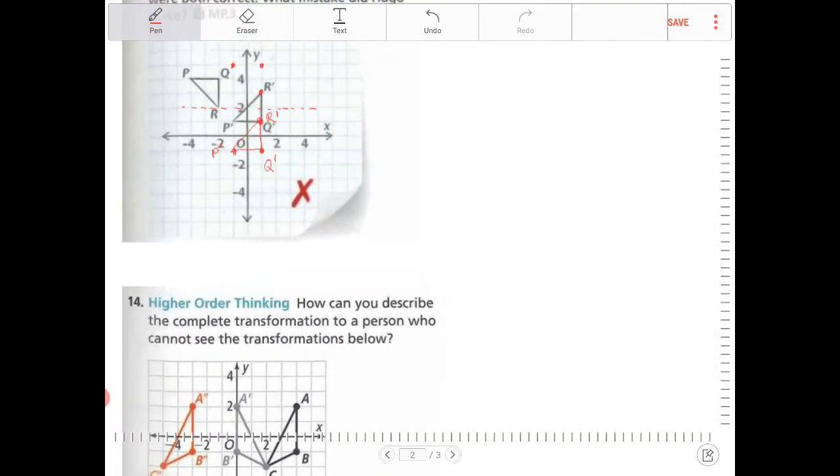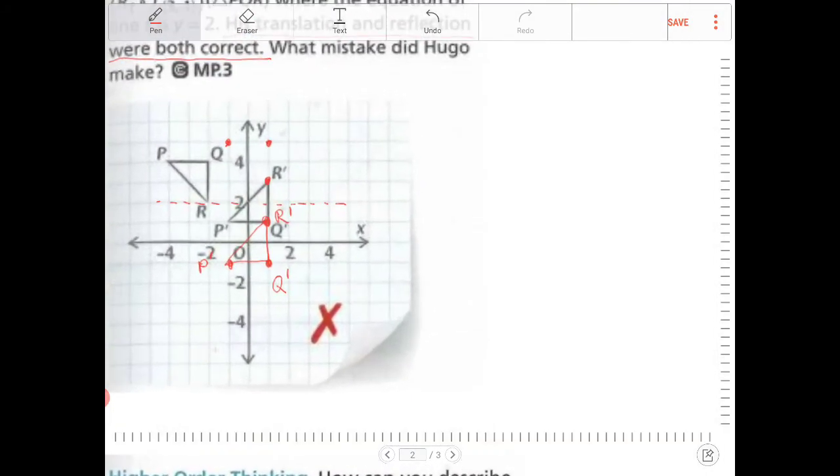Okay. So to answer this, it looks like Hugo performed a reflection, and then after the reflection, performed a translation that was not (3, 1), but (3, -1).